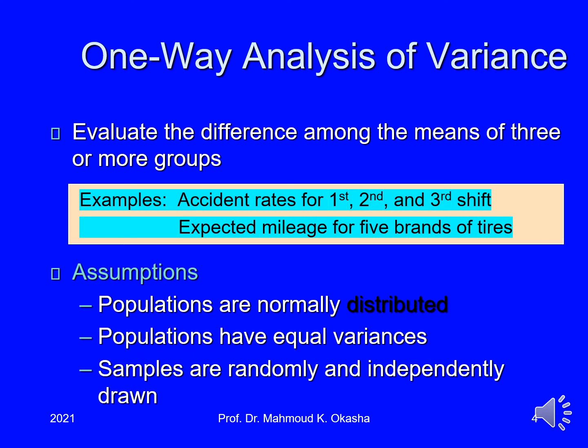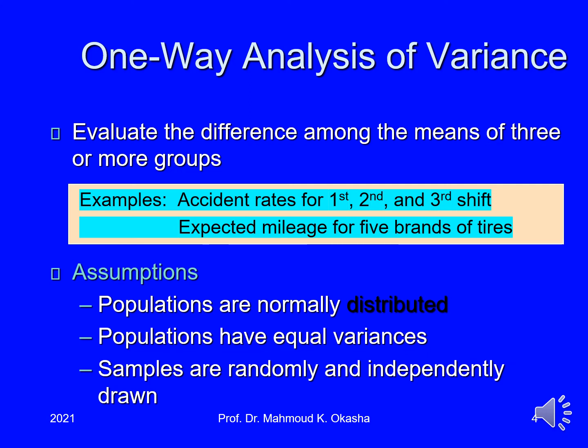And we can measure the expected mileage for 5 or 3 or 4 brands of tires. So that's another example. What is the one factor here? I mean, the shift actually. The factor is the shift: first shift, second shift, third shift. And the dependent variable is the accident rate.